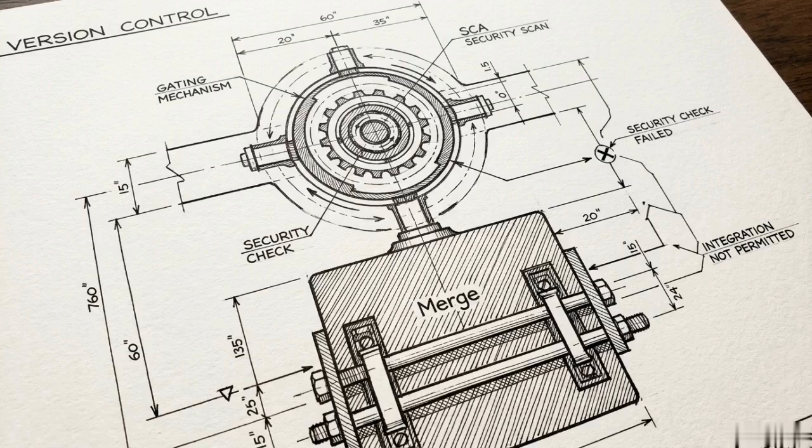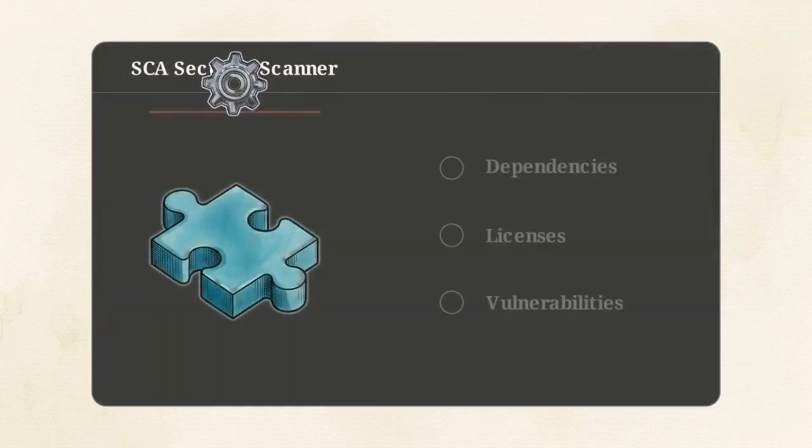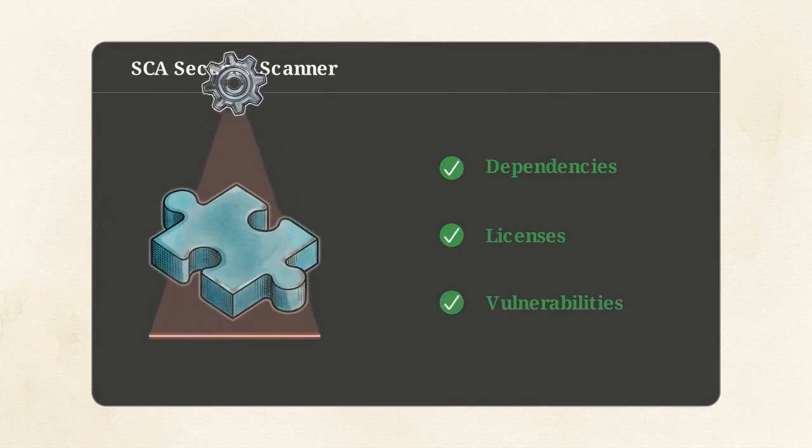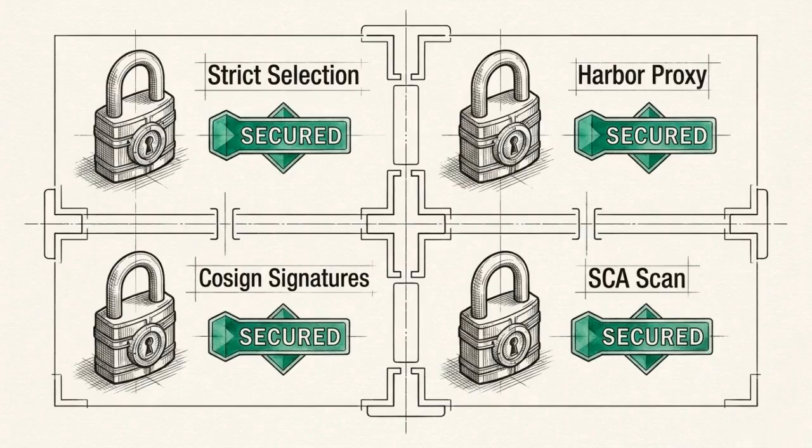As the final step before any package is committed to the main branch, the pipeline executes a localized software composition analysis, or SCA scan, to detect known code flaws. Combining rigid selection criteria, cryptographic signatures, internal proxy vaults, and localized SCA scanning creates a comprehensive gatekeeper. The ingestion attack surface is effectively sealed.